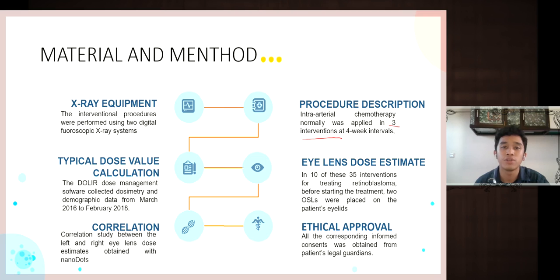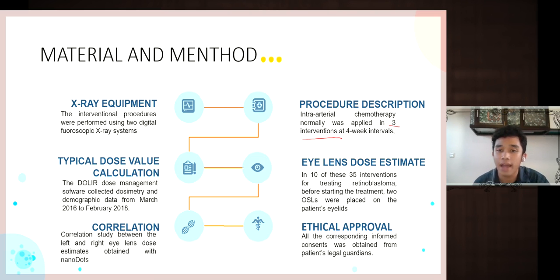At La Paz University, only 2% of the procedures performed in the interventional procedure room corresponded to the treatment of this tumor, which represents 16 patients and their 35 corresponding interventions for treating retinoblastoma. Maybe 1 until 4 sessions per patient.